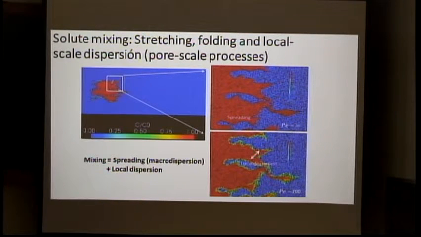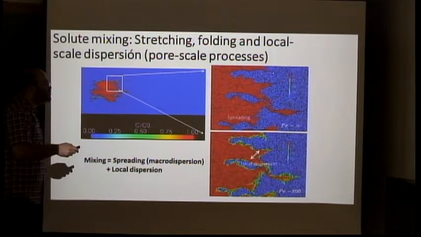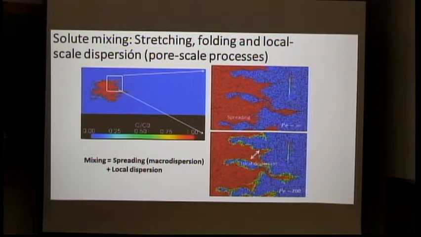If we zoom out, we have some water that has solute, in red, and some water without solute, in blue. Then we have a sharp interface between them if we don't add some kind of mixing at the pore scale. If we add mixing at the pore scale, usually through local dispersion, then we will have this zone of mixing shown in green.